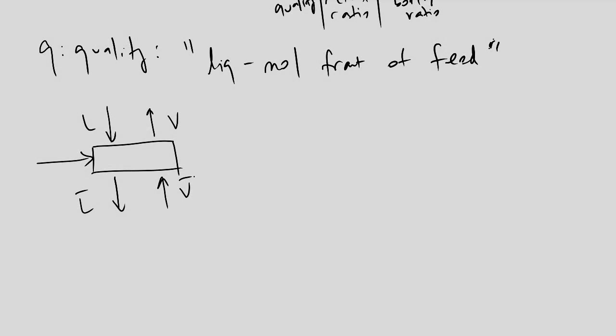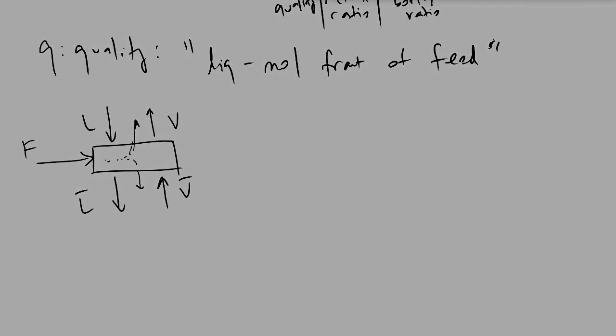And our feed, depending on whether it's entirely liquid or entirely vapor or a mixture of the two, will either contribute to the vapor going up or the liquid coming down the column. To put that into words, quality is equal to L bar minus L over F. So the liquid flow going down from the tray minus the liquid that came down from the top half of the column, divided by the feed.